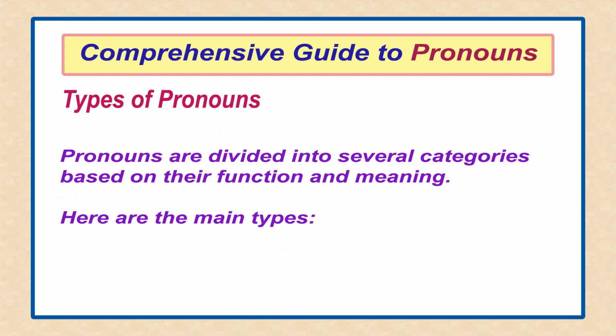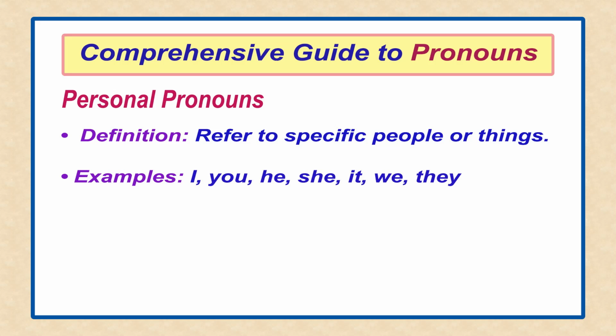Types of pronouns. Pronouns are divided into several categories based on their function and meaning. Here are the main types. Personal pronouns. Definition: refer to specific people or things. Examples: I, you, he, she, it, we, they.